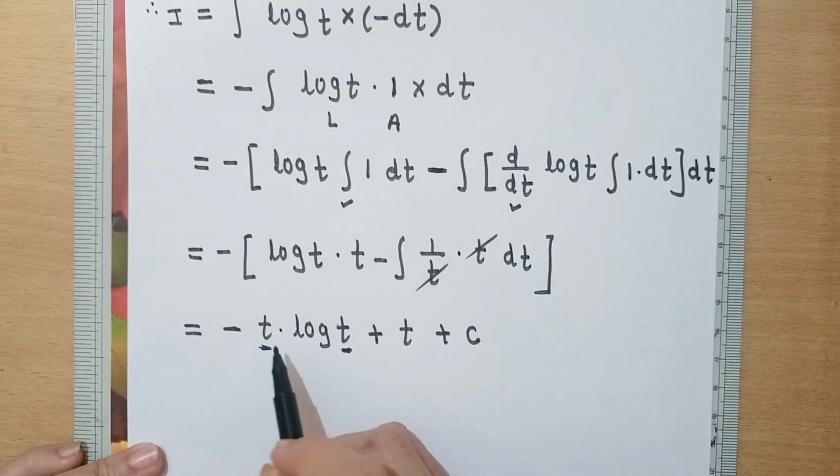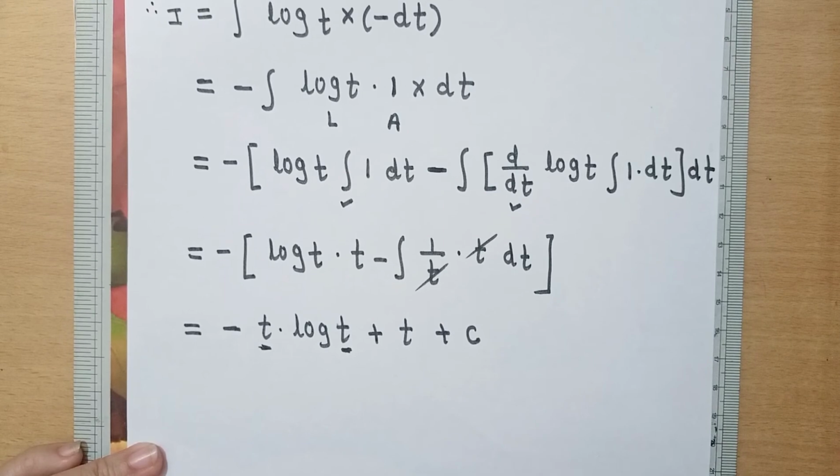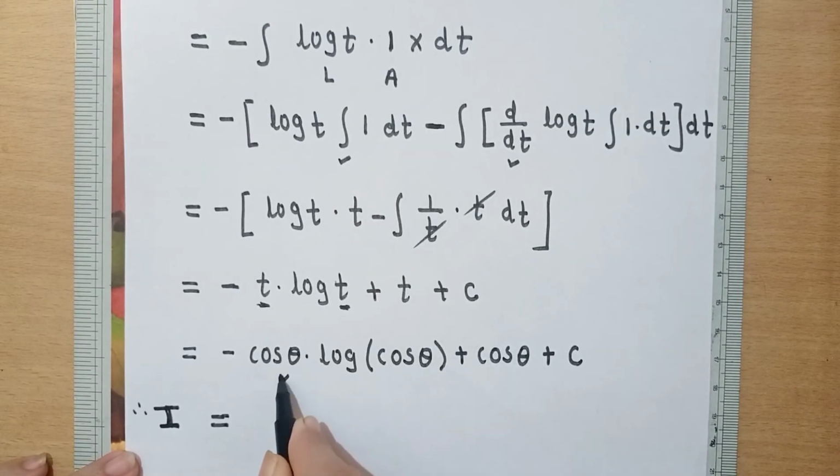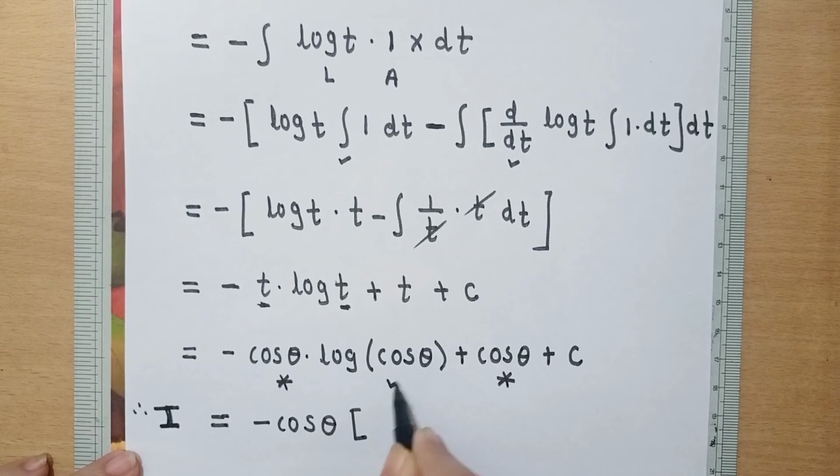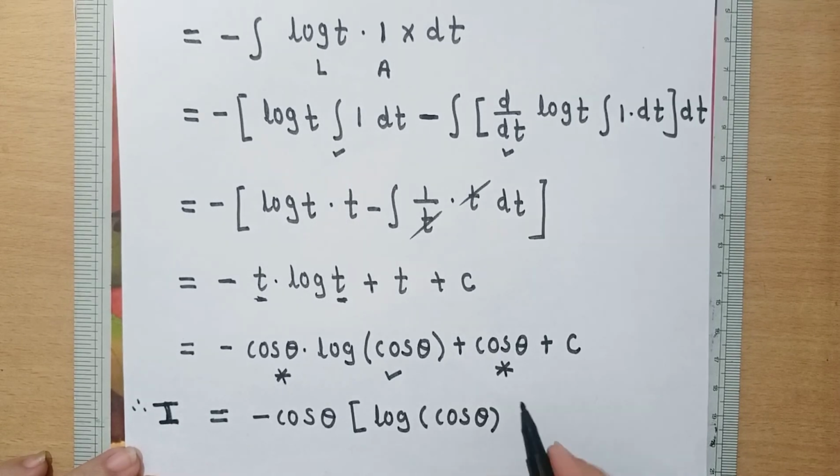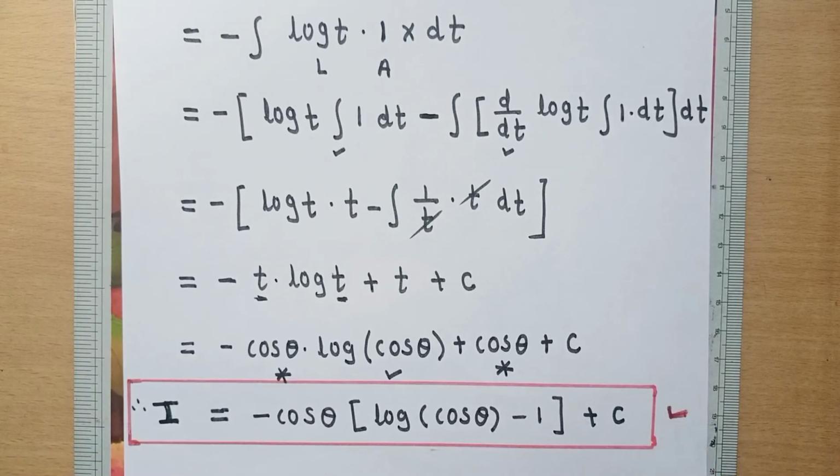T means cos of theta, so we will substitute here, and again we can take minus cos theta common from these two terms. So minus cos of theta inside the bracket, here minus 1 and here plus c. This is our final answer.